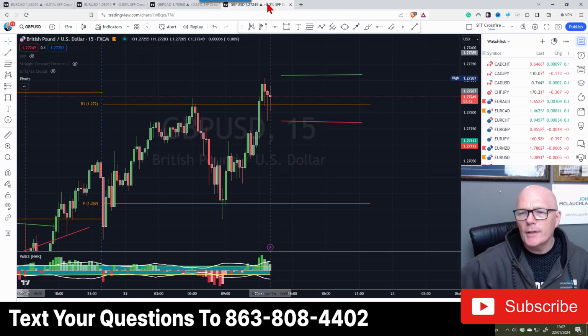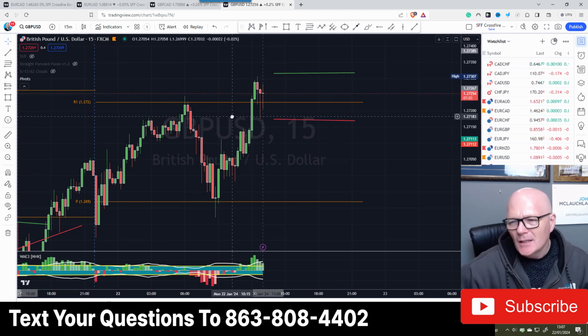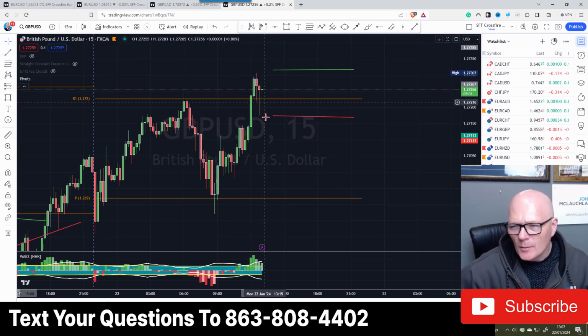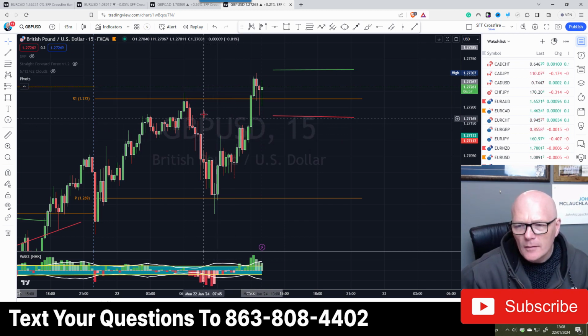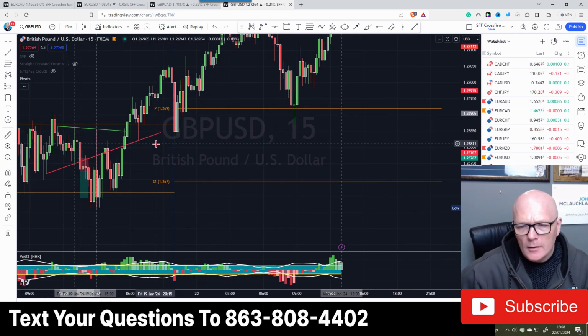Okay, GU. We've got a bit of imbalance here. See between that candle and just down there. So I'm gonna put that on there because it'll probably come down during the trading. Nothing there. What have we got here?